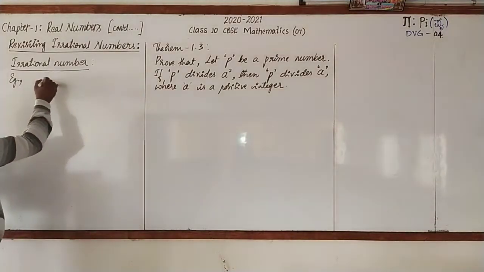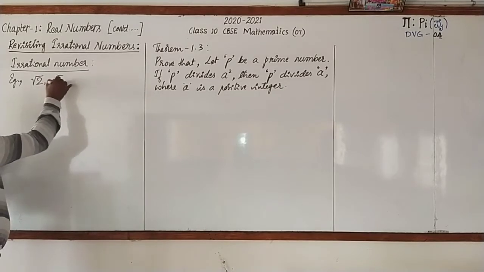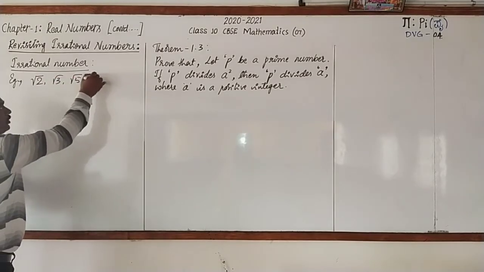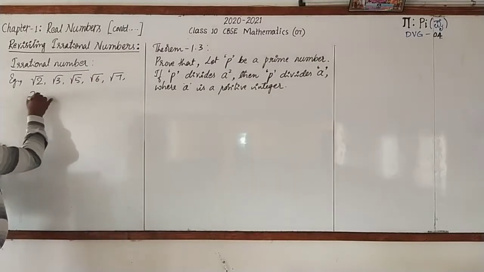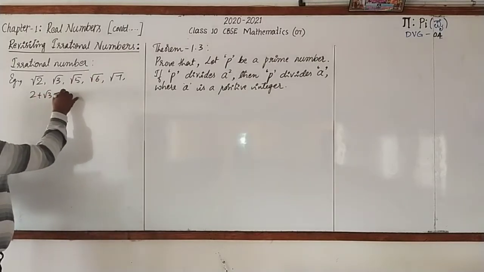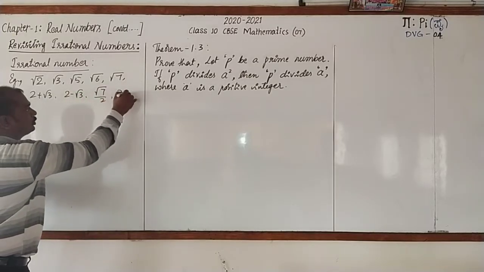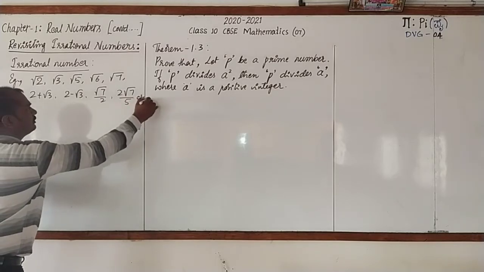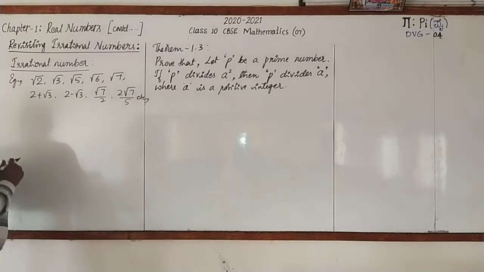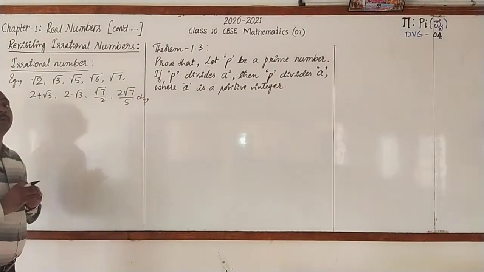Examples for irrational numbers: root 2, root 3, root 5, root 6, root 7, root 8, 2 plus root 3, 2 minus root 3, root 7 by 2, 2 root 7 by 5. Like that, so many examples can be given.